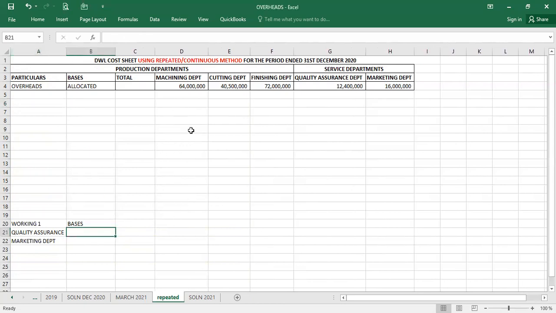Let me put it exactly in the same way they are, and the totals, I'm going to put them here in that column for totals.